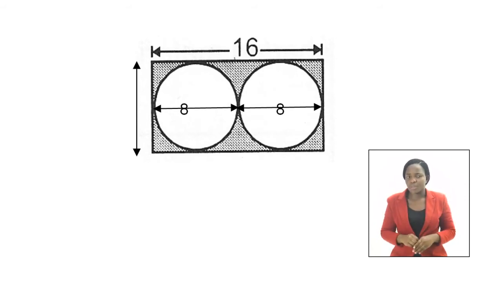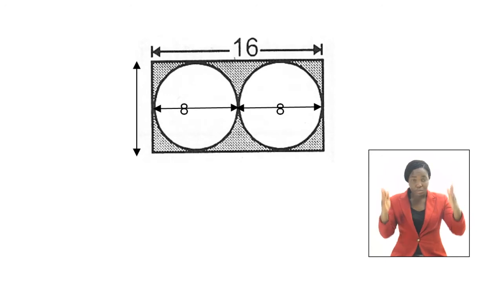Good going, Ben. But we still don't know what the breadth of the rectangle is because we don't have the length of the diameter. Aha! But we do see that 2 circles fit exactly into the space of 16 centimeters. Let's draw in diameters of the circles.